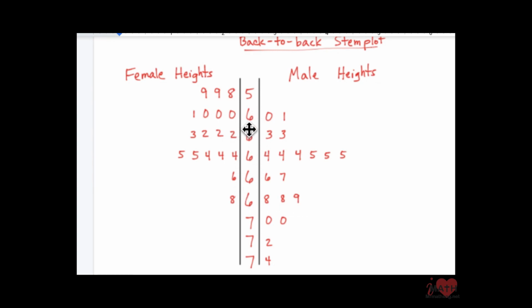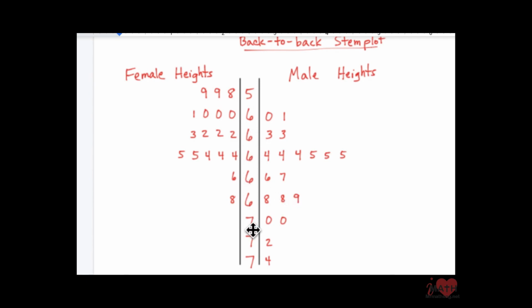And if you took your female heights and your male heights, and you did your back-to-back stem plot, splitting more stems made it, I think, a little bit more obvious that the female heights are more in the 50s and 60s, and the male heights were in the 60s and 70s. Our graph that we created on my black screen didn't show that as obvious.